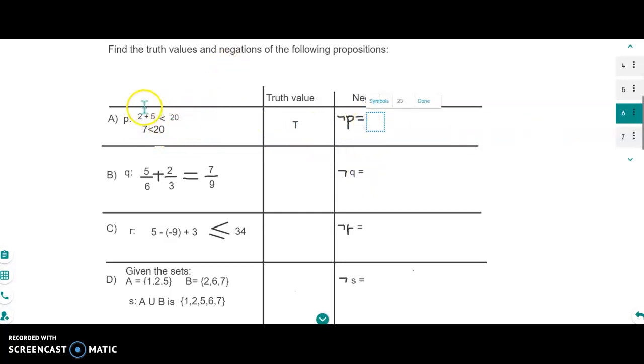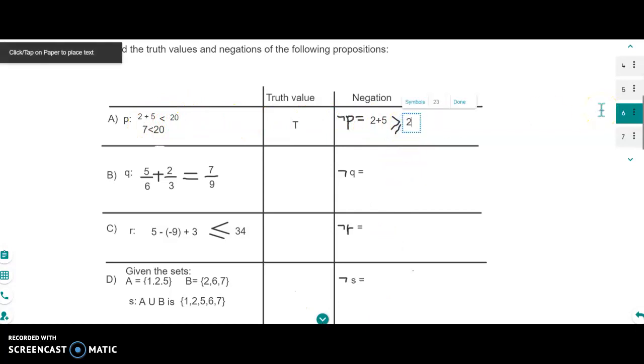We write the original proposition, 2 plus 5 is greater than 20, greater or equal to 20. This is the negation for the proposition P, the opposite sign of less than. Okay, so let's go on with the second one.